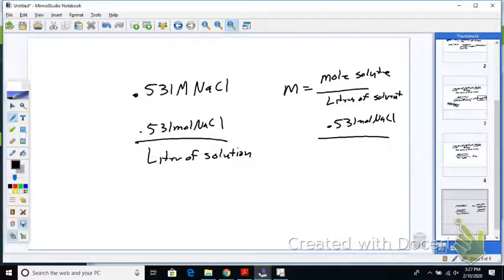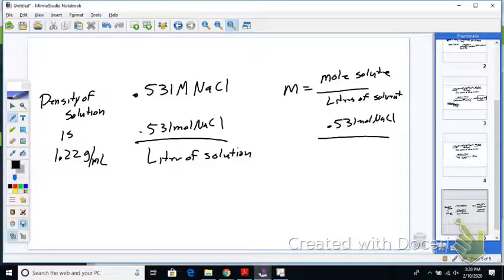Usually they give you more information. I'm going to say the density of the solution is 1.22 grams per milliliter. That's the density of the solution, and we've got to find the mass of water.